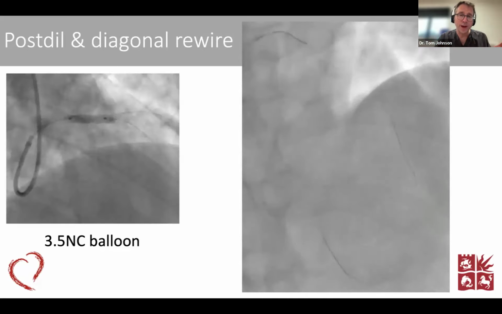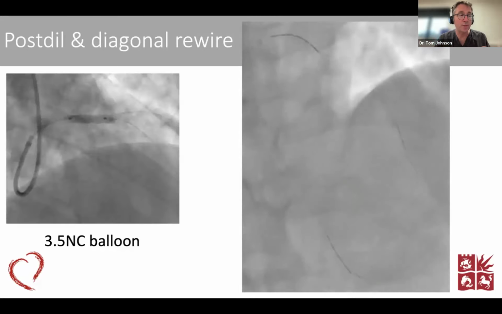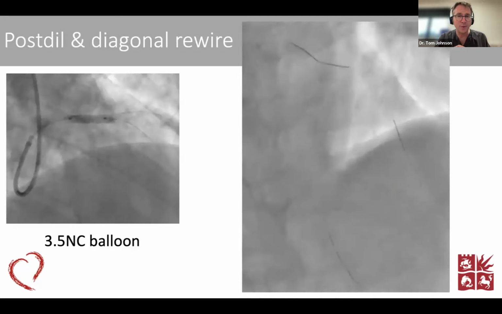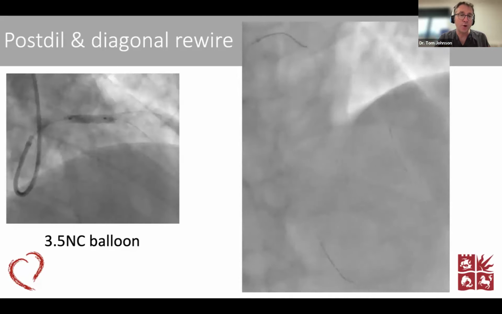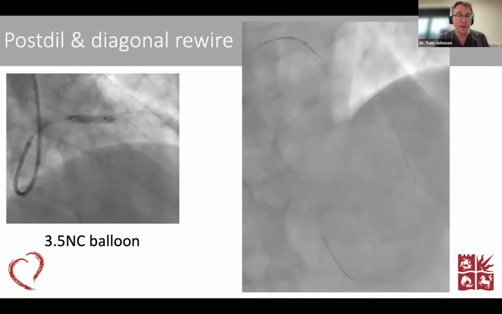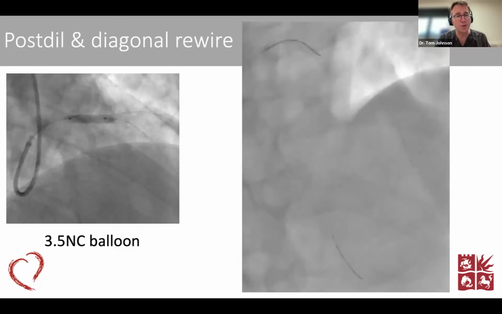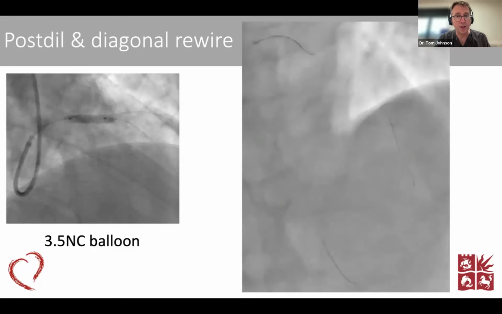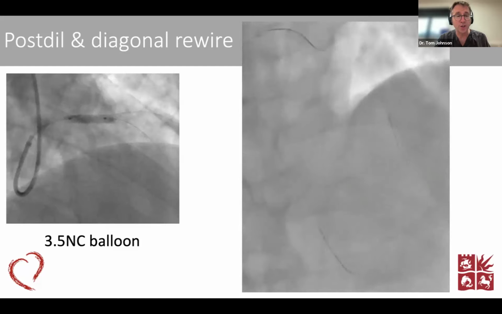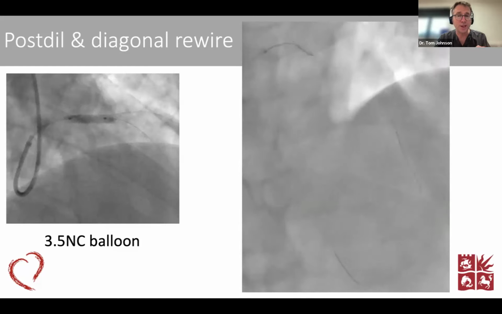But before doing that, there's no harm in actually trying to optimize your stent as you would ordinarily, because the information I'm going to get from the OCT I know is going to tell me I have an underexpanded proximal stent because we haven't yet post-dilated. And actually, because of the pinching of the diagonal, I'm feeling very likely to want to proceed to a kissing inflation into the diagonal branch. So actually, it makes sense to firstly optimize the stent that's in situ.